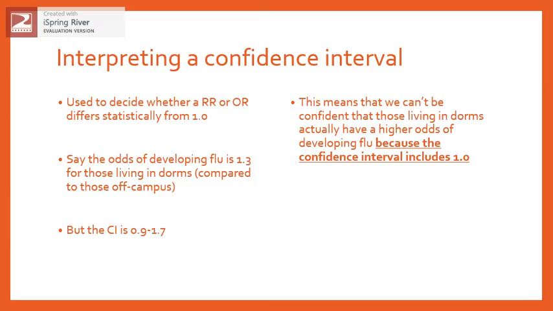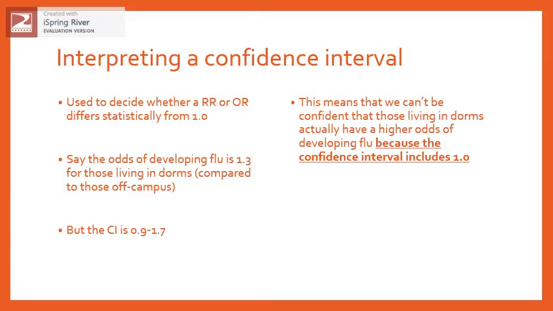If that confidence interval includes 1, which this one does, 1.0 is between 0.9 and 1.7, that means that the 1.3 number that you came up with is not statistically different from an odds of 1.